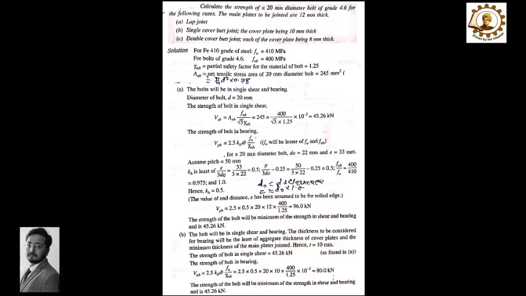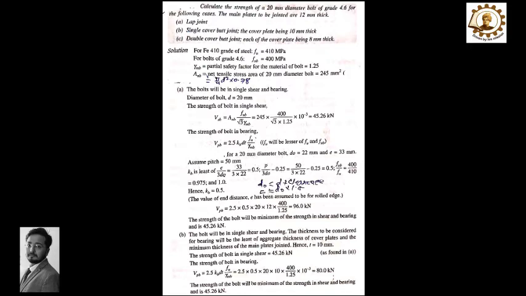So the strength of the bolt in single shear is the same as the previous case, 45.26 kilonewton. The strength of the bolt in bearing, everything is the same as the previous case, just the change is in the thickness. In the previous case, thickness is 12 mm, but in this case for bearing, thickness is 10 mm.